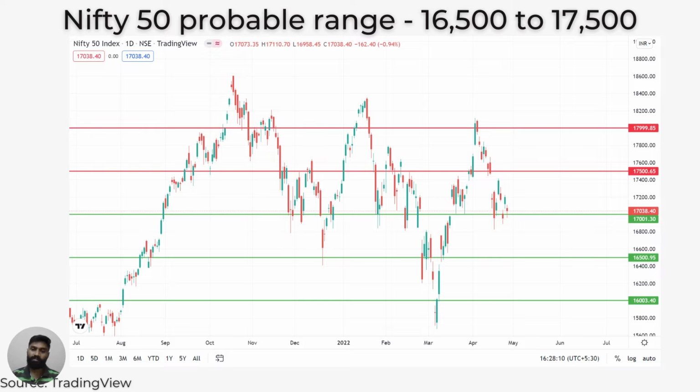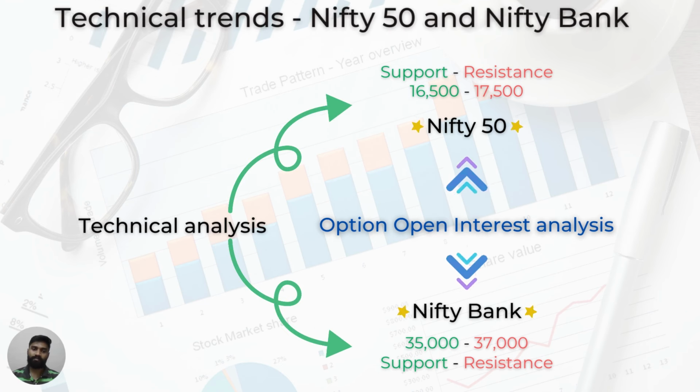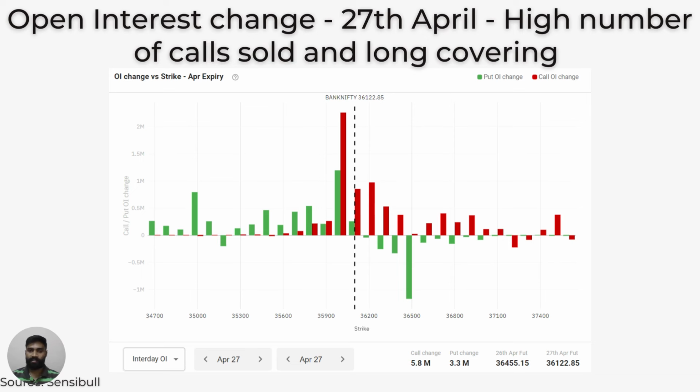So there is relatively stronger support at the price that the Nifty 50 is currently trading at. However, this is offset by the bearish tone of the four major stocks that constitute more than 35% of the Nifty 50. So we'll be ending up with a probable range of about 16,500 to 17,500 for the Nifty 50.